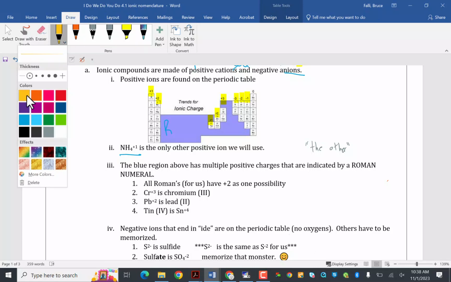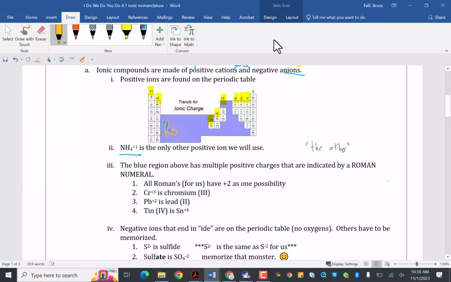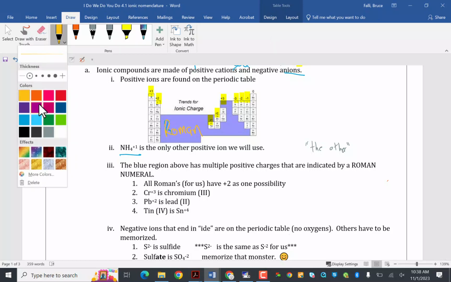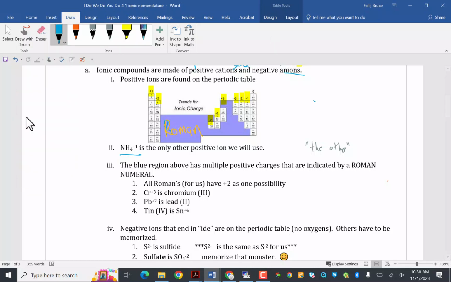I call this region, it might look pretty in orange, the Roman region, because you need a Roman numeral. All Romans, for us, have +2 as one possibility. So chromium is +3, called chromium 3, or chromium +2.